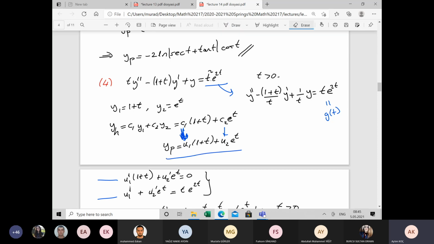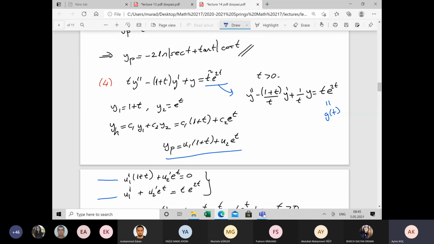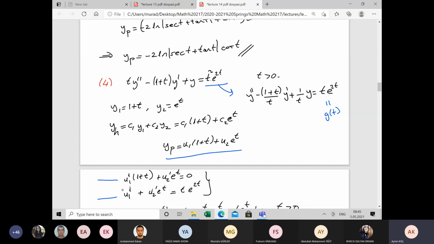We claim that this is the particular solution, and our aim is to find y sub p. Under this assumption, u1 prime y sub 1 plus u2 prime y sub 2 is 0, and the other equation, u1 prime y sub 1 prime plus u2 prime y sub 2 prime, should be g of t.